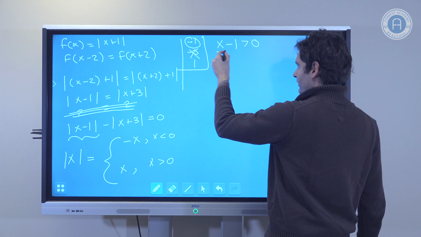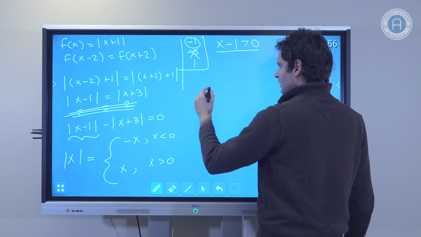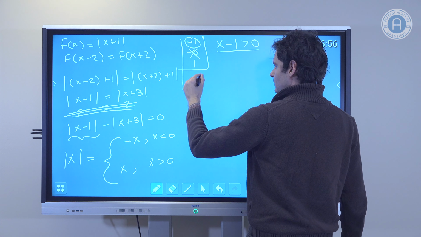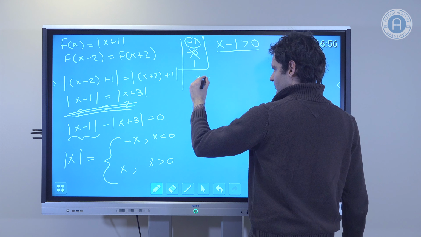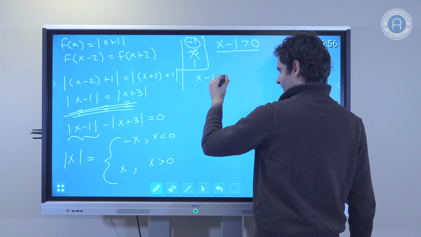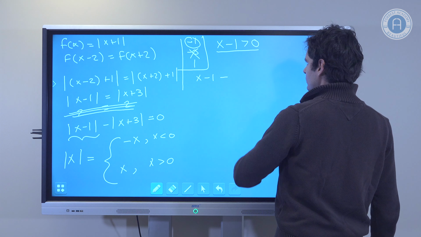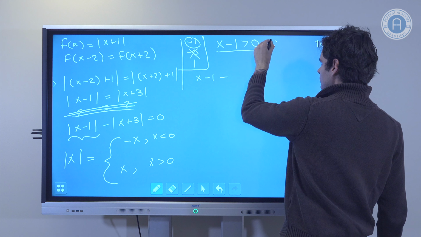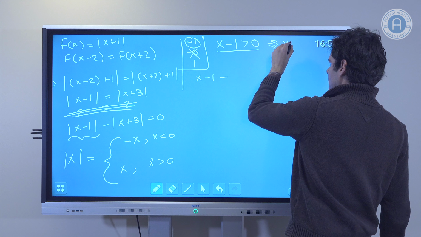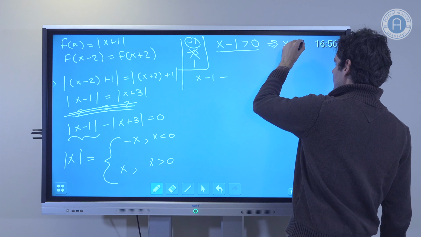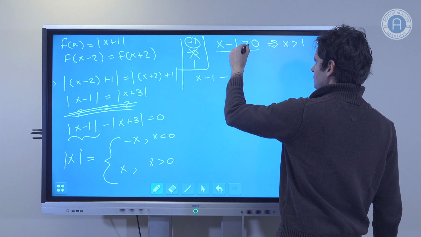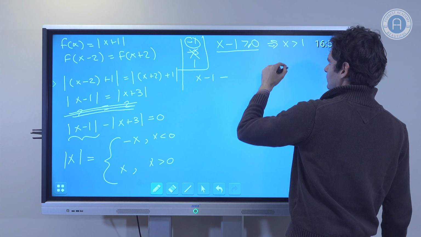So we've assumed this. Okay, so then that equation becomes x minus 1 minus. Now, if x minus 1 is bigger than 0, that means that x is bigger than 1. In fact, let me just put bigger or equal.